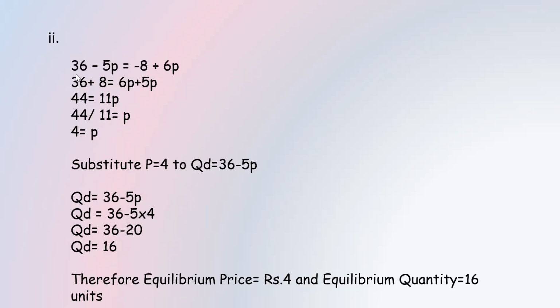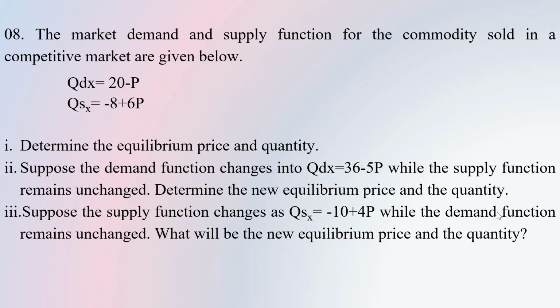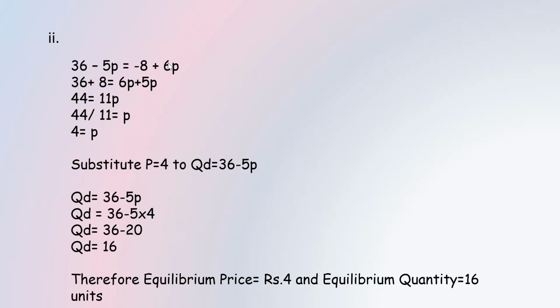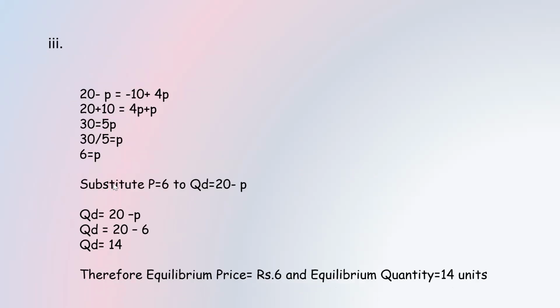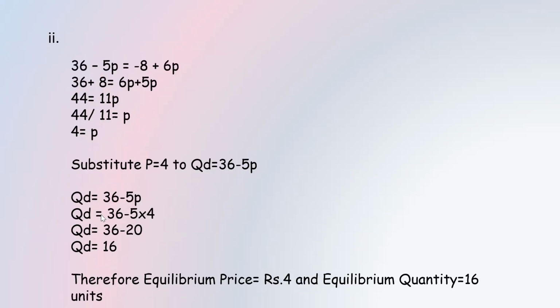Then when it changes again as 36 minus 5p, that we have to consider 36 minus 5p with the minus 8 plus 6p. Yes, right? So likewise, here price is equals to, right? Yes, second one, price is equal to 4 and QD is equals to 60.